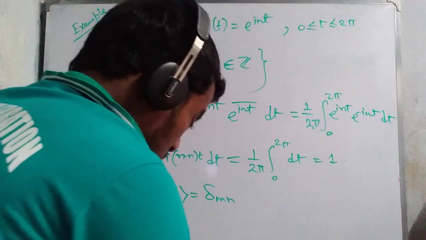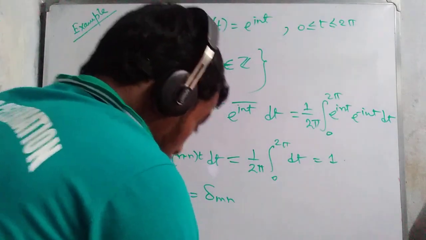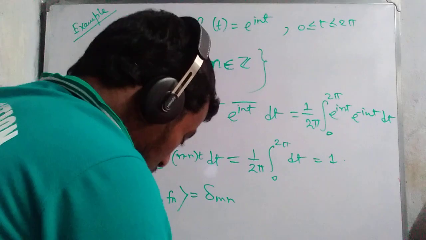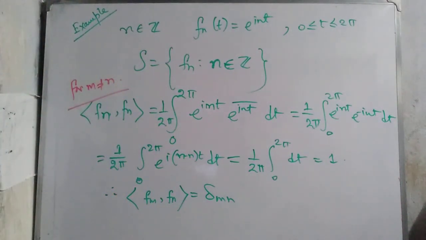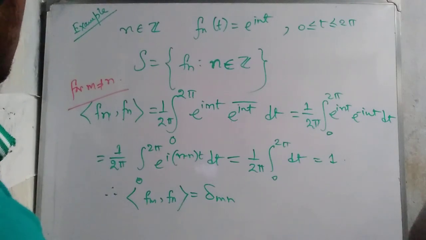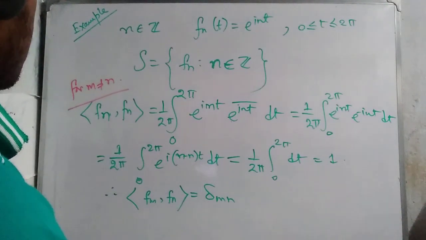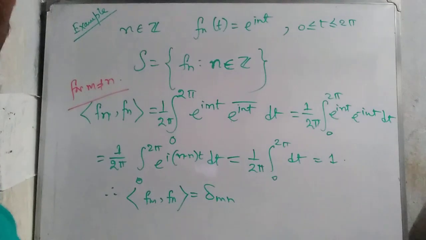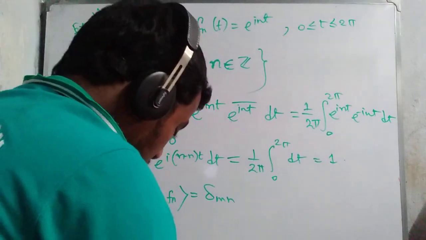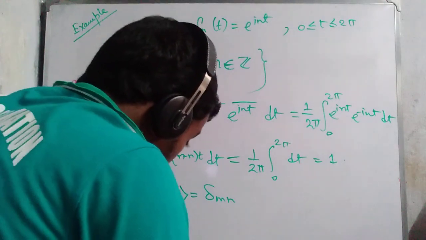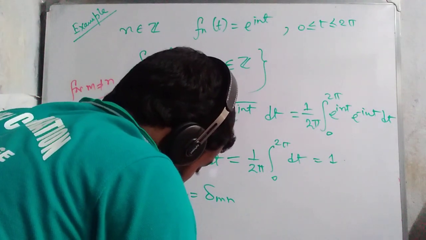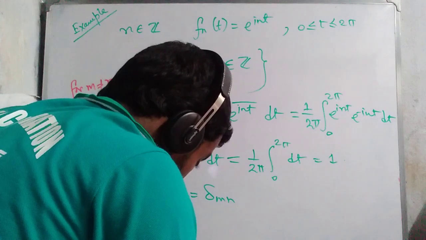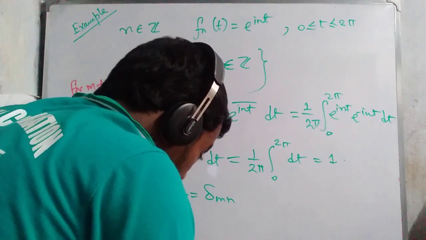So in this way we also see that this set in this inner product space is an orthonormal subset of H, where H is the inner product space defined by some integration.